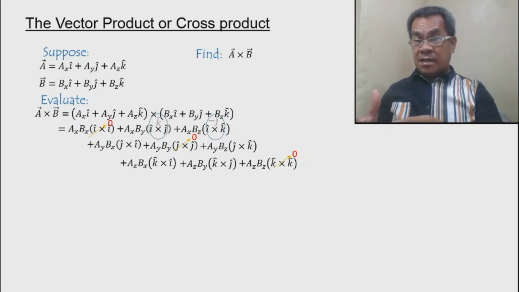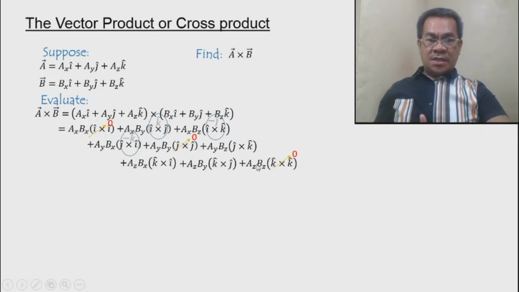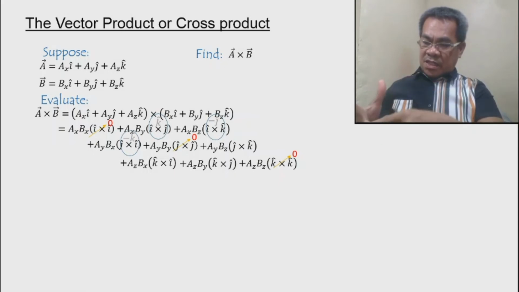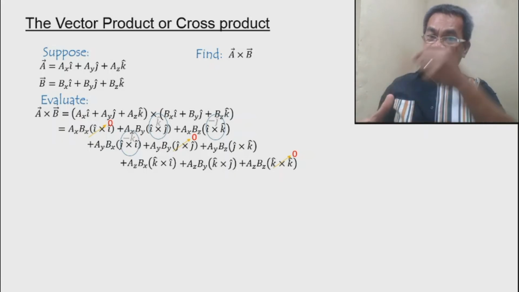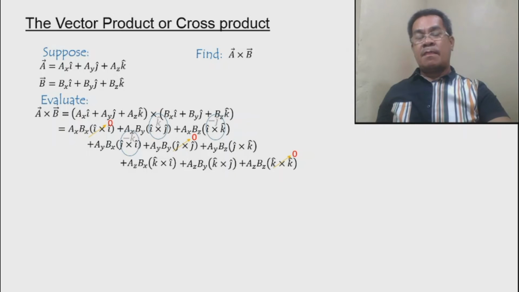Negative K. What else? J cross K. This is K, this is J. J cross K is what? This is counterclockwise. So therefore it should be positive I.